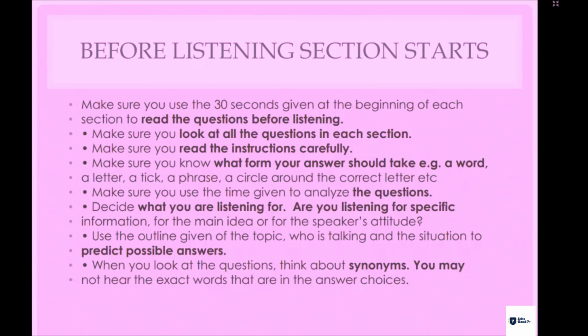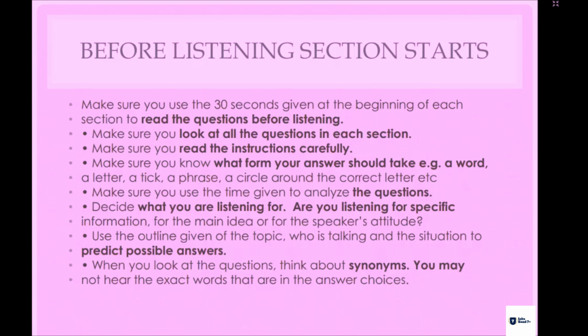So when you have that time in the beginning to look at the questions, it's really important that you look at the questions really, really well. Okay? You want to make sure you read the instructions very carefully so you don't make any simple mistakes, and that you know the form that your answer needs to take.